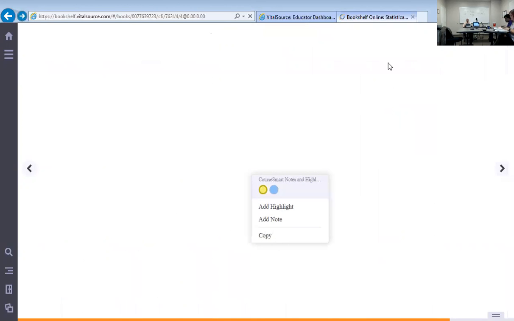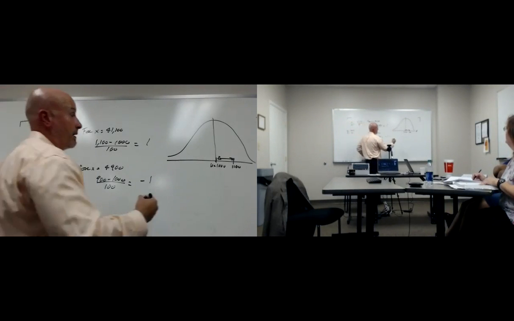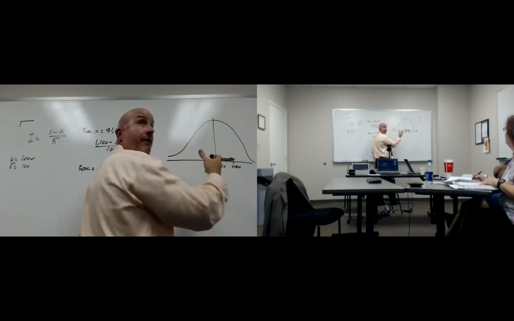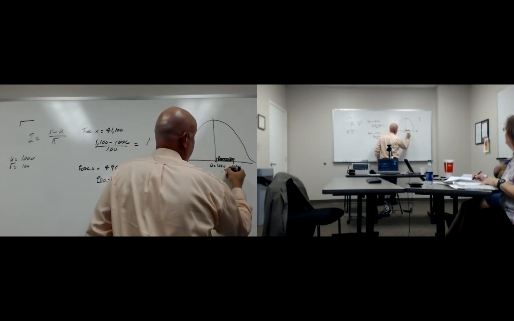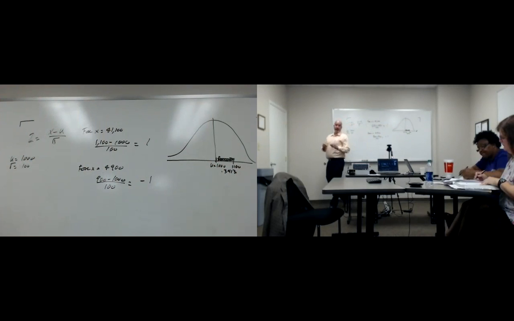So we can assign the likelihood, the probability of falling within this area, is 0.3413.